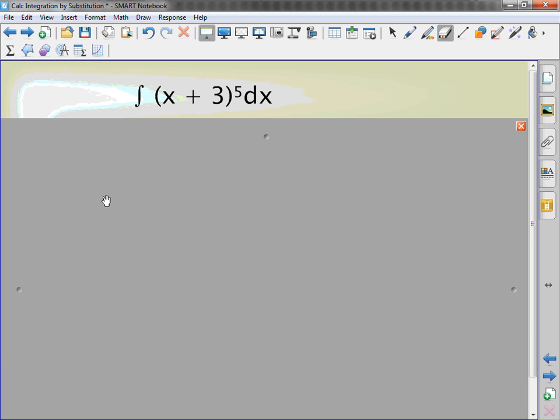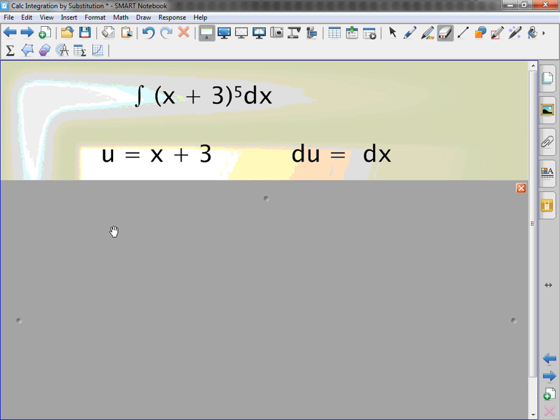All right, so here's the problem. We have the integral of (x plus 3) to the 5th power dx. All I'm going to do is let u equal this. Now I'm going to take the derivative of this.